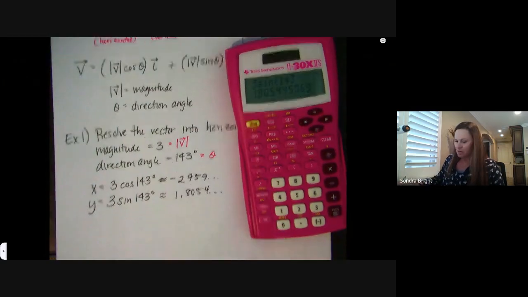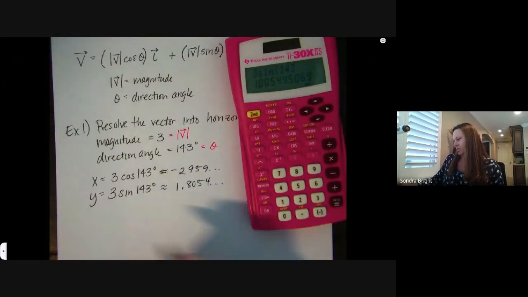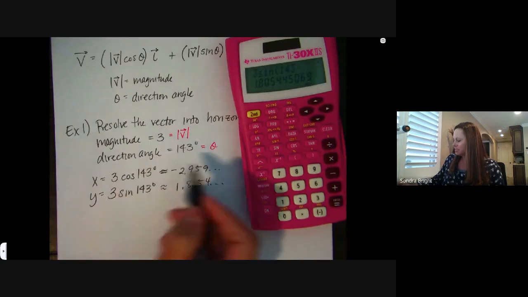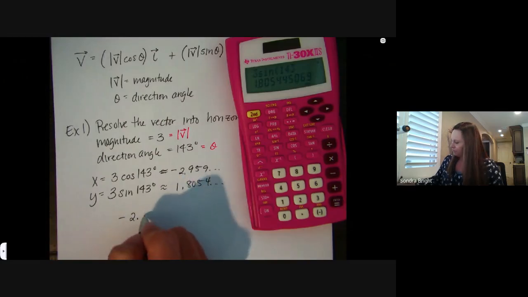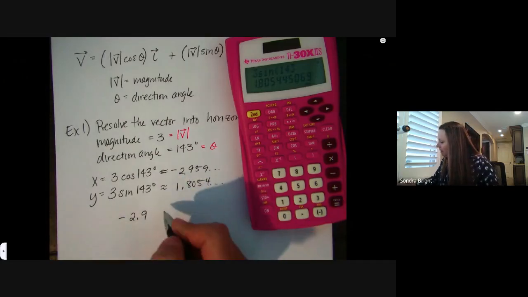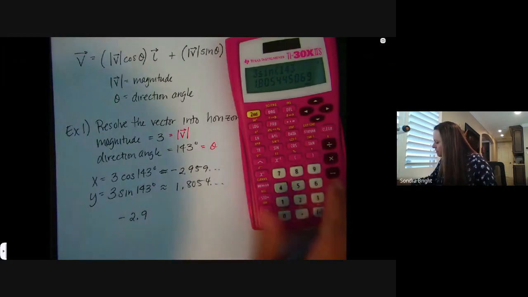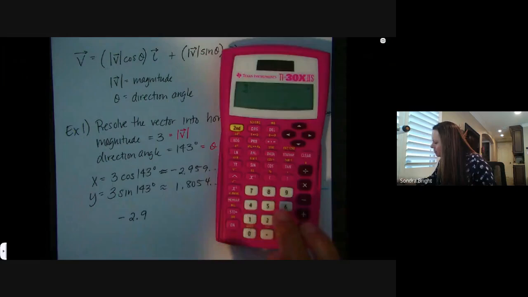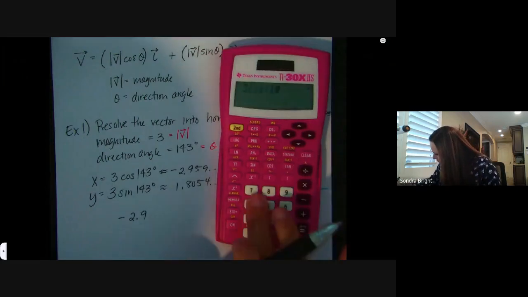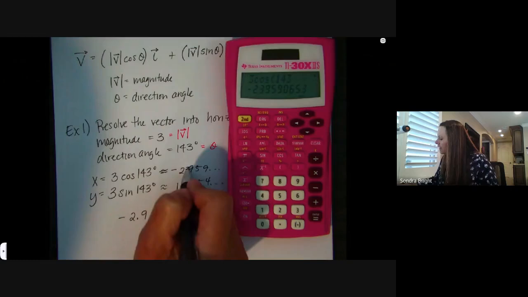Sounds good. So your vector v, your vector in its horizontal and vertical components, is going to be negative 2.9. I did not write that right. All right, I missed a number there. 3 times cosine of 143 is 2.3959. There we go.